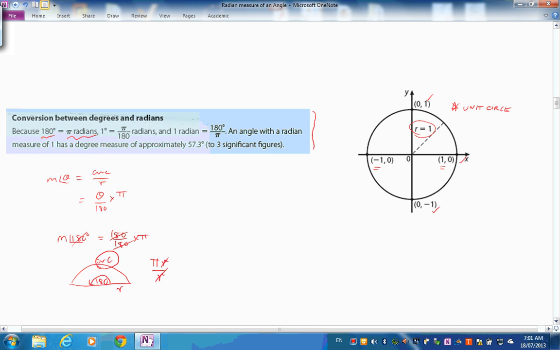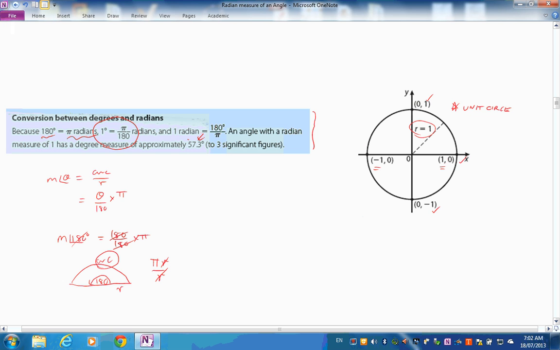And so you could say 1 degree is pi over 180, 1 radian is 180 over pi. Just different ways of actually looking at it. So therefore, 1 radian is 180 over pi. When you divide 180 by pi, you'll get 57.3 degrees.